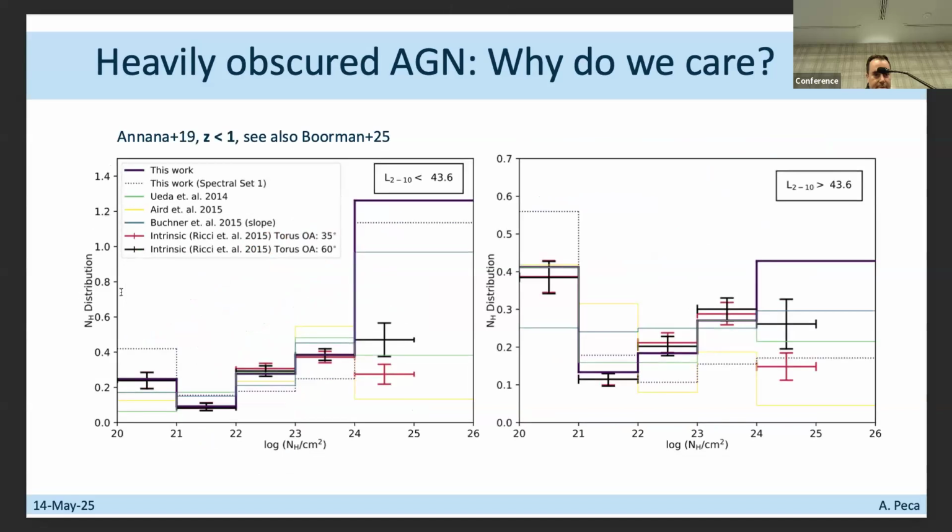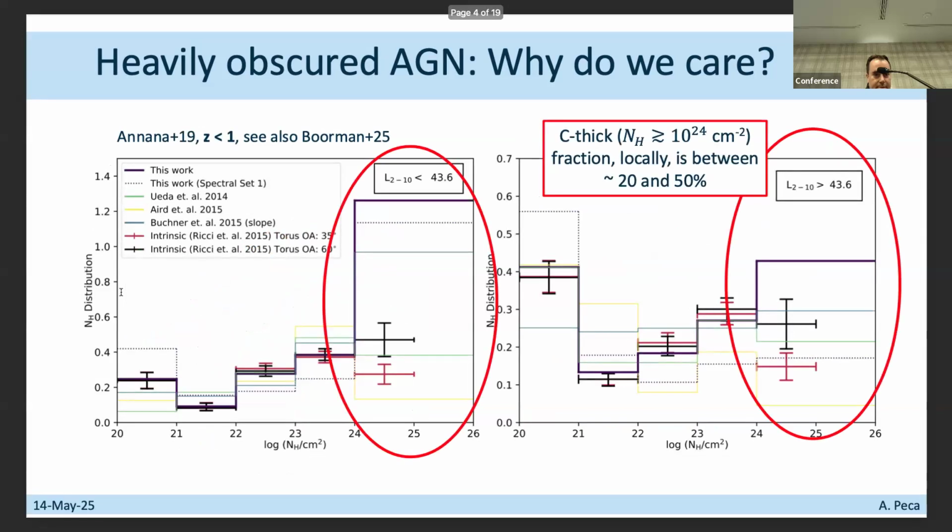As an example, this is a work by Tonim and Anna in 2019. This is the NH distribution in the local universe, the low redshift universe. You can see that, especially at the Compton-thick level, where NH is larger than 10^24, here you can see different values from different works, and the uncertainty is huge.